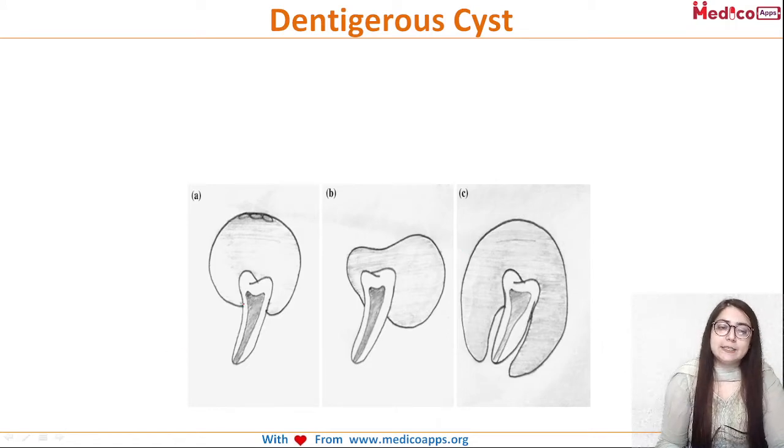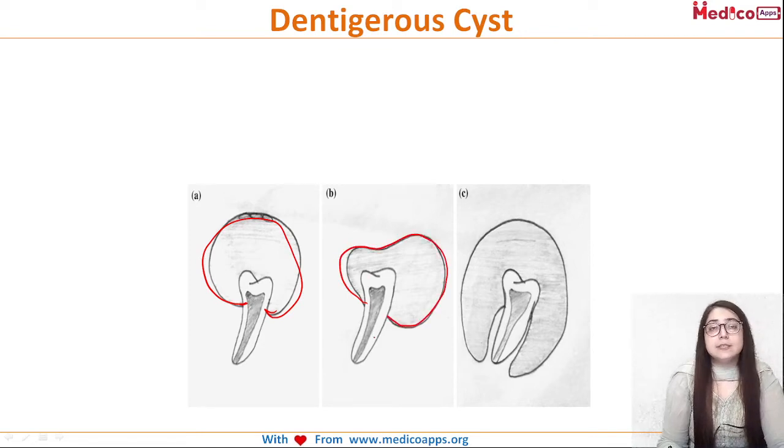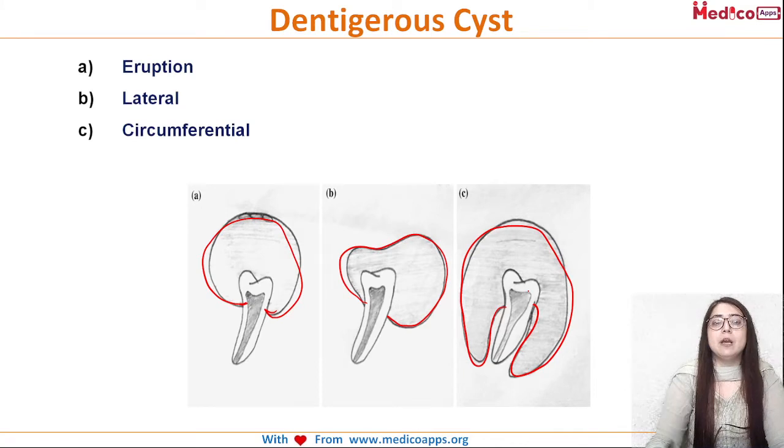It could be central, like you can see how beautifully it is engaging the tooth, starting from this cervical point. Second, it could be lateral. You can see this is asymmetrical, so this is the lateral variety. And the third is circumferential. Though it is starting from the cervical margin only, it is enveloping the entire tooth. So this is the circumferential type. These are the three types of dentigerous cyst.